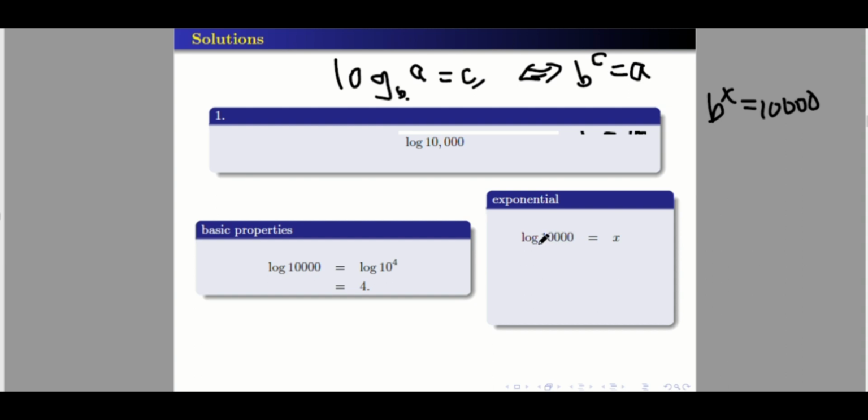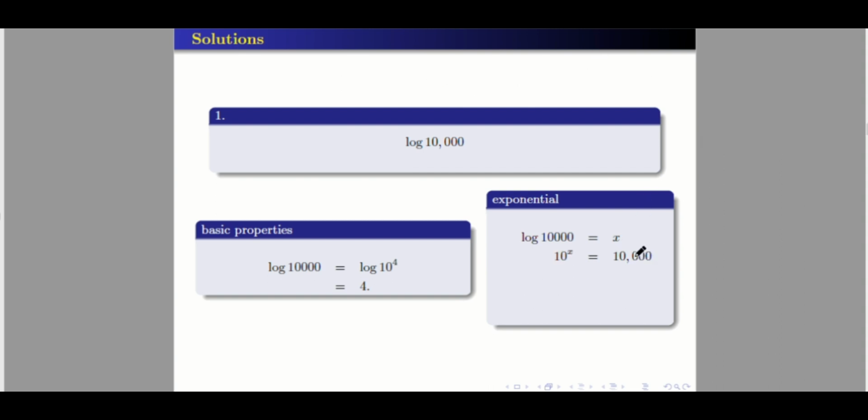Okay, so that's what happened here. Our base here is 10, so we have 10 raised to our c, which is x, and our a is 10,000. So that's why we have 10 raised to x equals 10,000. And then let's apply the solving part for exponential equation.